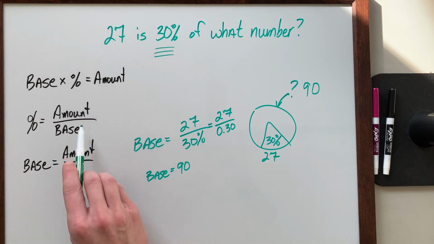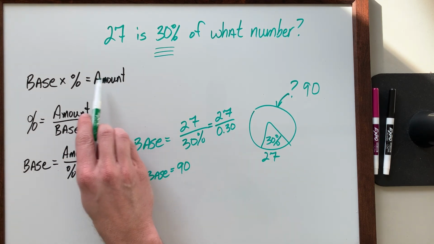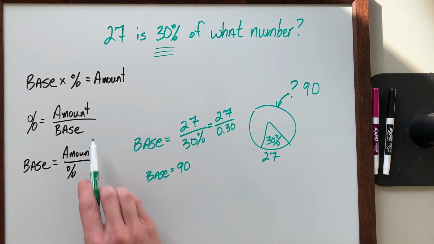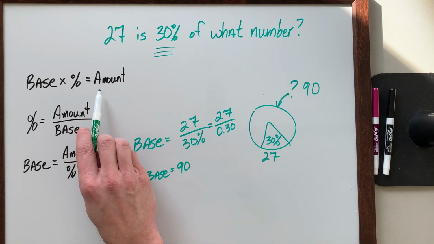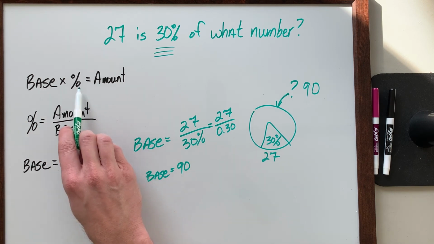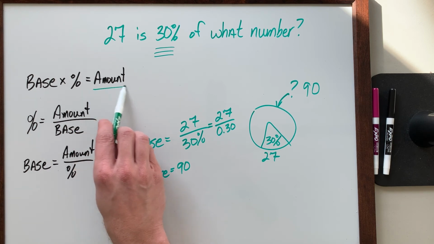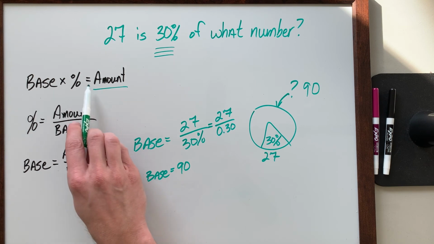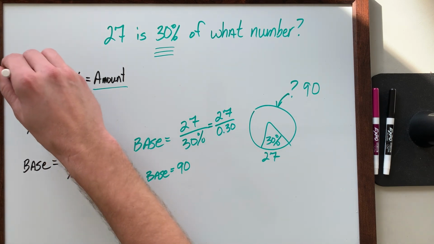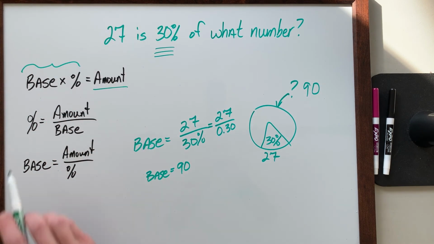Notice how in each of these three forms of the equation, they all have something different on the equal side. For example, in this first one, amount is by itself on one side of the equal sign. And you would use this equation if you knew these two things, okay?